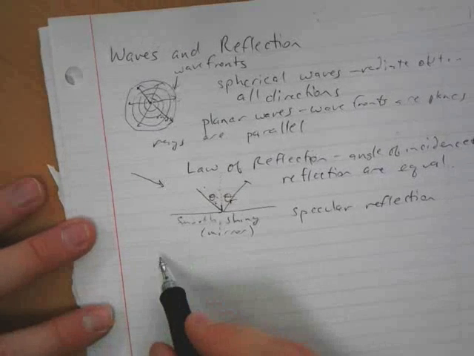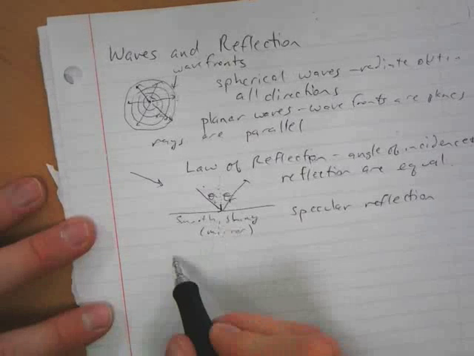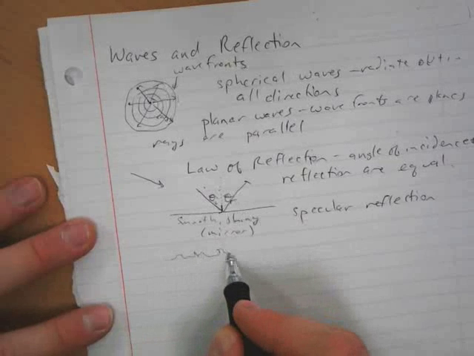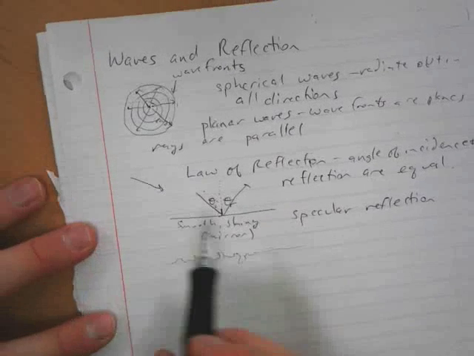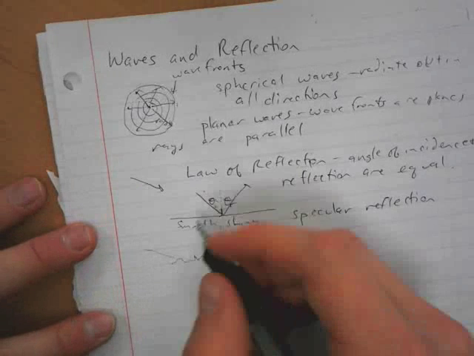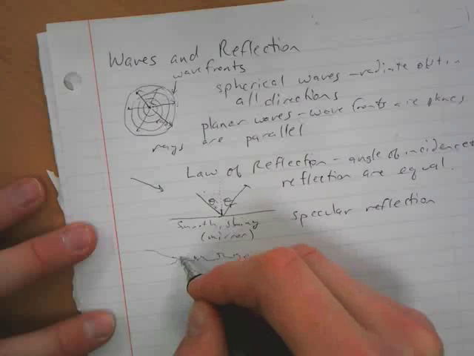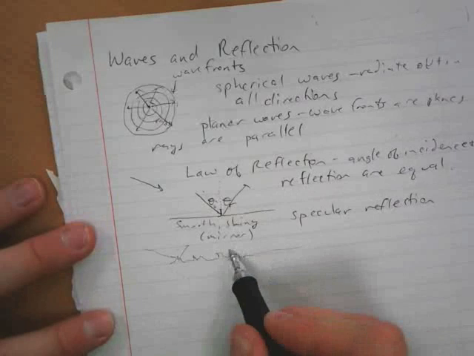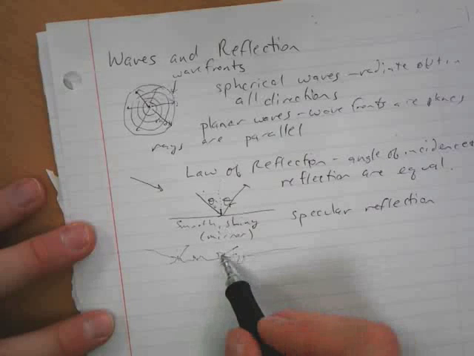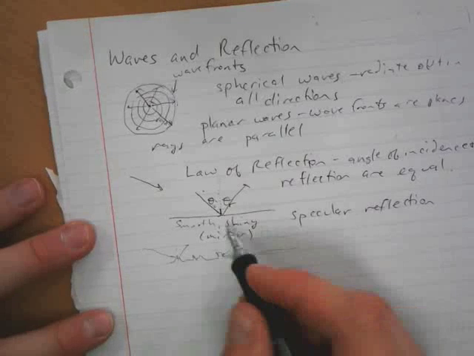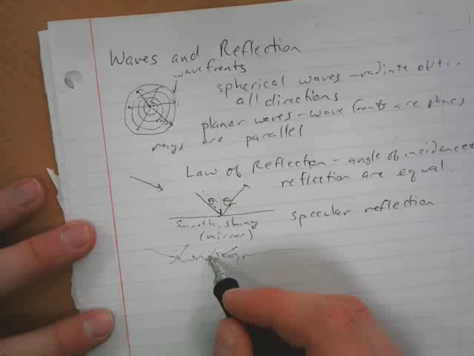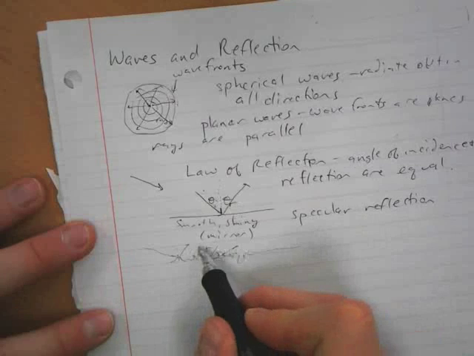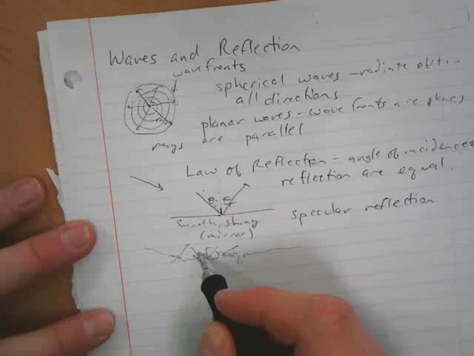If you have a surface that is not smooth or shiny, on the microscopic level it might have some sort of rough shape. When light rays come in, it still follows the law of reflection, and they bounce back out at an angle that is equal, but they're not all hitting a flat surface, and so they bounce off in all sorts of directions depending on how the surface is oriented at the particular point the light ray hits.